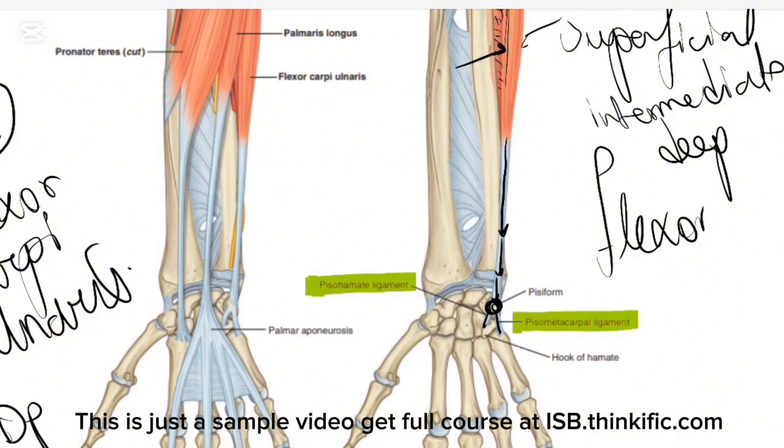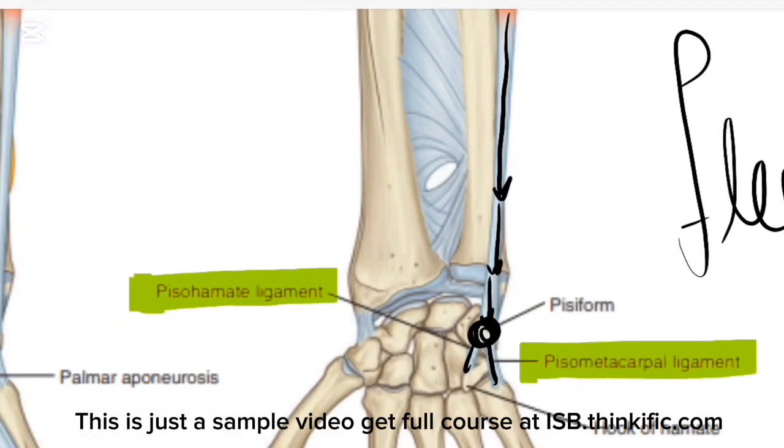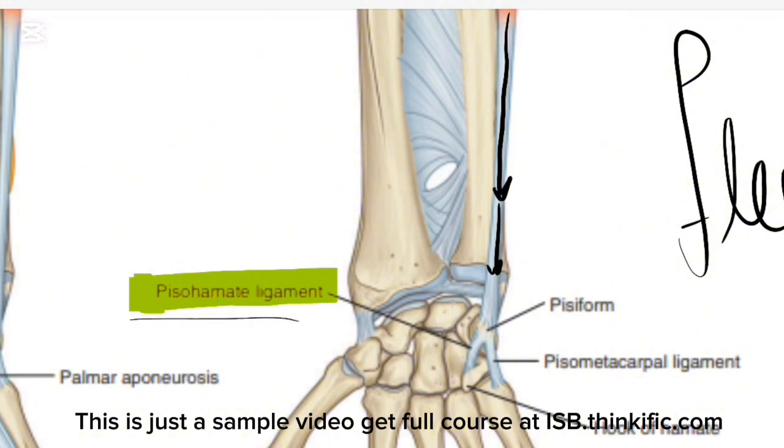Now, this pisohamate ligament attaches the pisiform to the hamate bone, which is this bone, one of the carpal bones in the distal row of the carpal bones. That's one ligament. The other ligament is called pisometacarpal, which attaches it to the base of the fifth metacarpal.